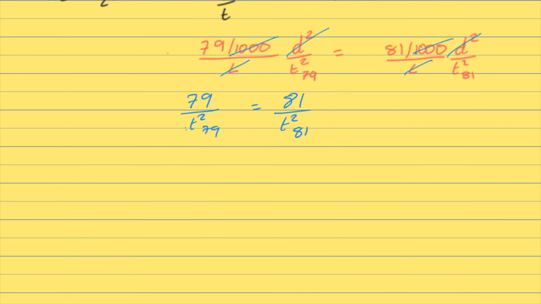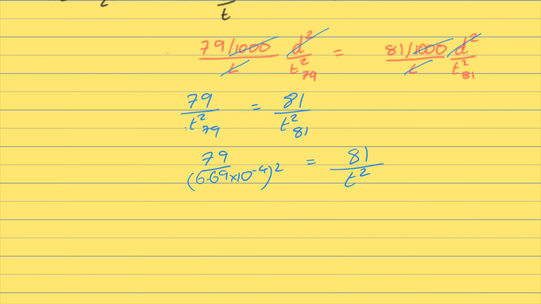So now we only have one thing left to find. 79 divided by (6.69 × 10^-4) squared is equal to 81 divided by t squared.